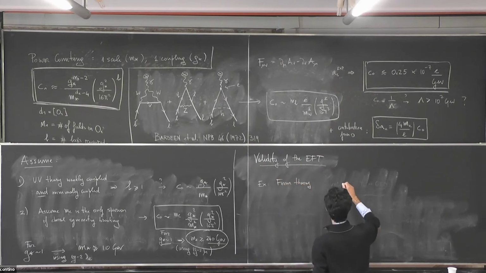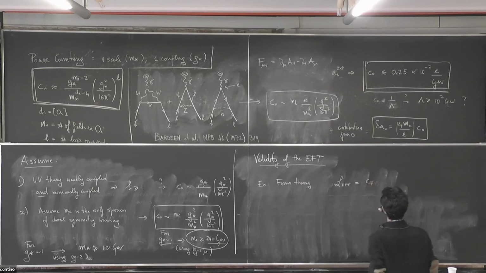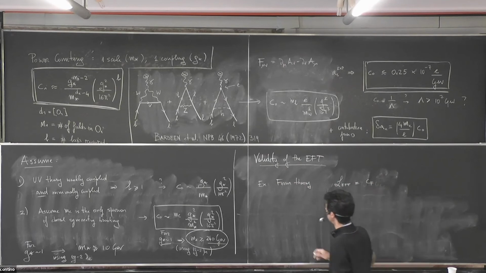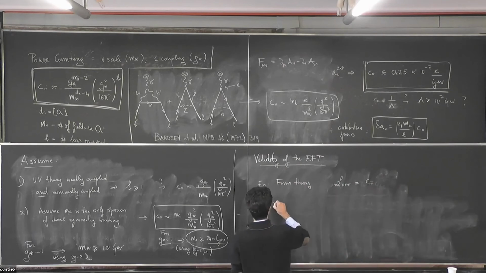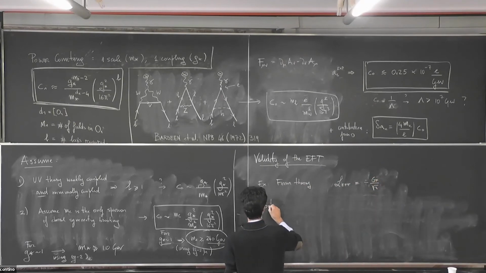So the Fermi theory is one in which you have, in the effective field theory, a coefficient which you can call C Fermi, and then you have gamma. Let's say that this coefficient is measured through... So C_F is equal to minus G Fermi divided by square root of 2, and G Fermi divided by square root of 2 is g squared divided by 8 MW squared.